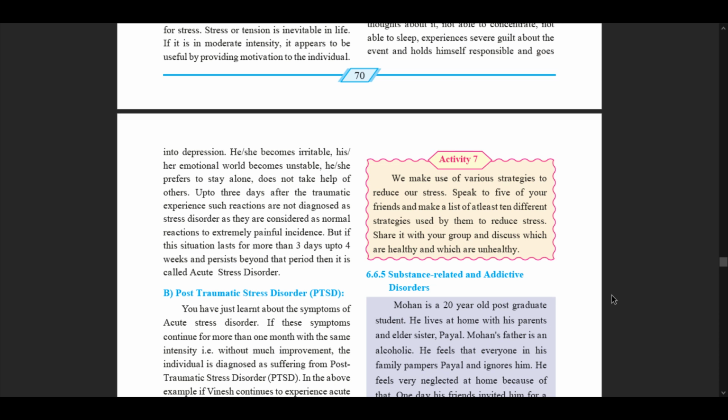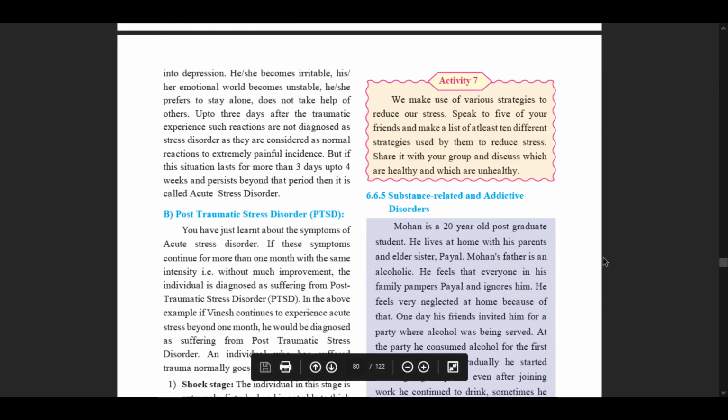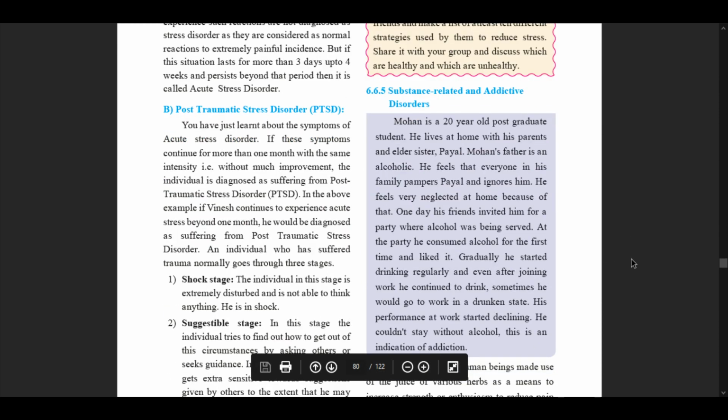And then we move forward to part B of our subunit 6.6.4, that is PTSD, post traumatic stress disorder. You have just learned the symptoms of acute stress disorder. If these symptoms continue for more than 1 month with the same intensity, that is without much improvement, the individual is diagnosed as suffering from post traumatic stress disorder.